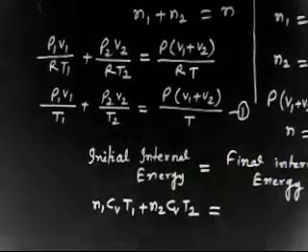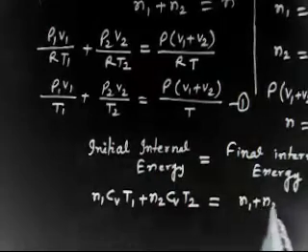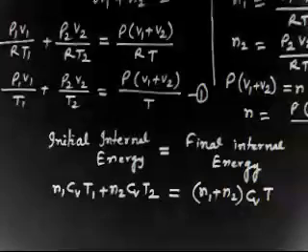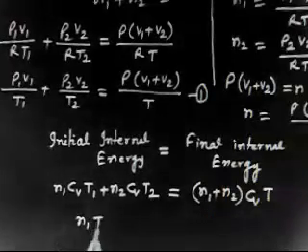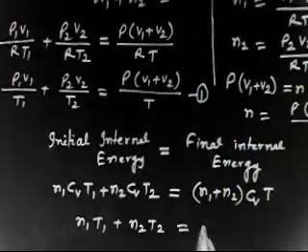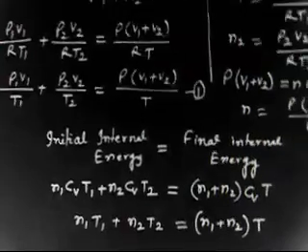This is the initial internal energy. For the final internal energy, the number of moles is N1 plus N2, the specific heat is CV and the temperature is T. So I can write N1 T1 plus N2 T2 equals N1 plus N2 into T.